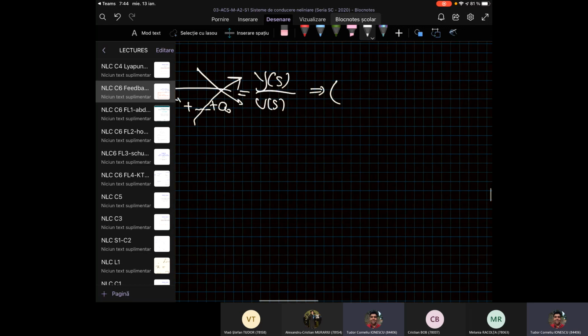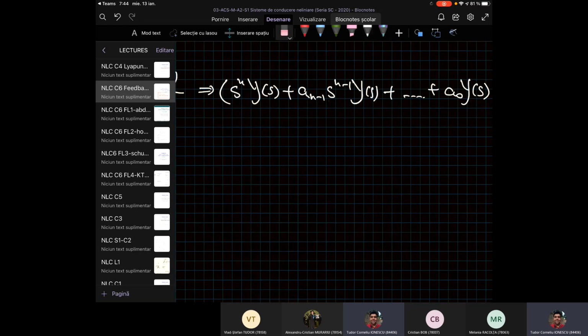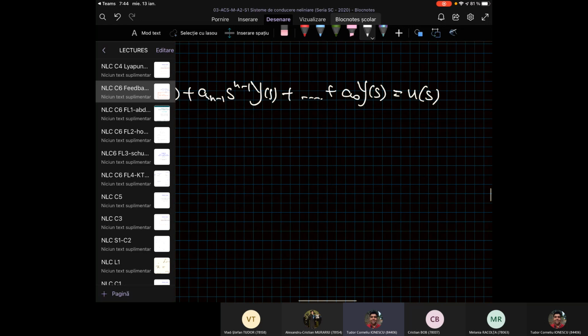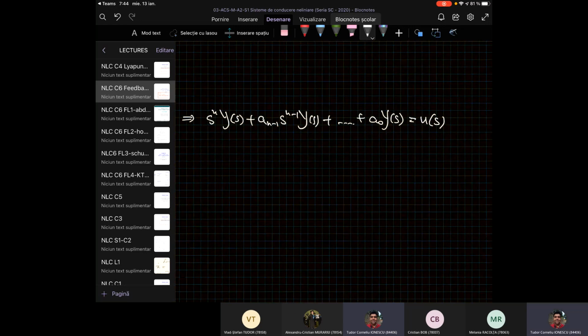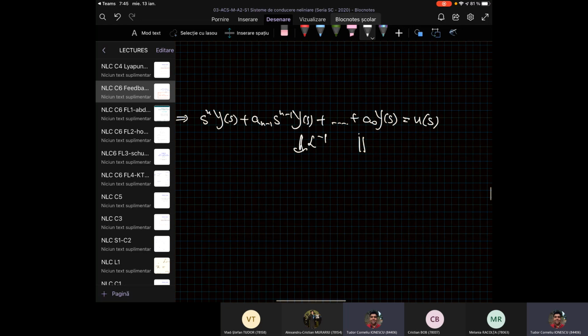So this means that s^n Y(s) plus a_{n-1} s^{n-1} Y(s) plus ... plus a_0 Y(s) equals U(s). True? You know this, right? Then, if you take the Laplace inverse, because you can do that, but be careful that you come back from Laplace using initial conditions.